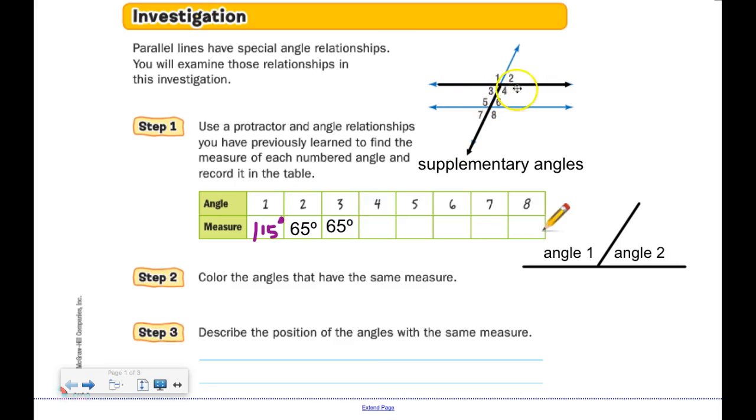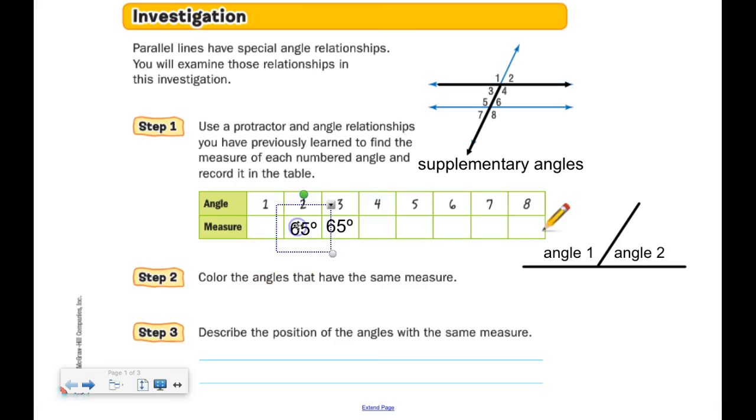You're visualizing this. Angle 3 is 65 degrees. Well, angle 3 and 4 are supplementary. You could actually do it with 2 and 4 also, but for right now we're doing it with 3 and 4. 3 and 4 are supplementary, which means if 3 is 65 degrees, then 4 should be 115 because it's 180 minus 65.